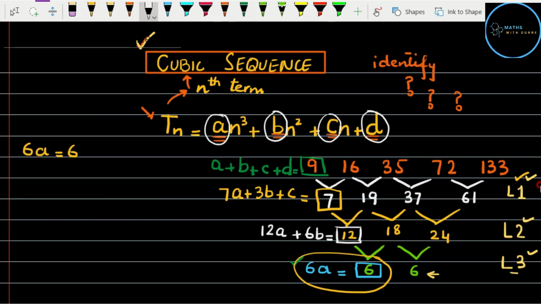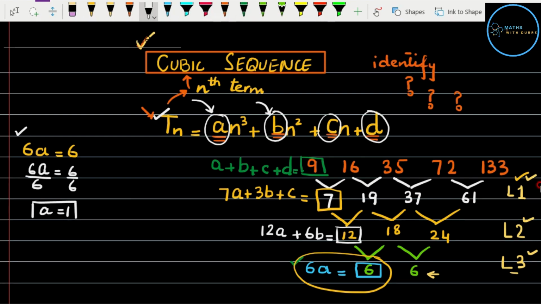Once we calculate them, we need to substitute the values in the same formula and get the nth term. So that's why we are finding them this way. So 6a is equal to 6 gives us a equals 1. Okay.